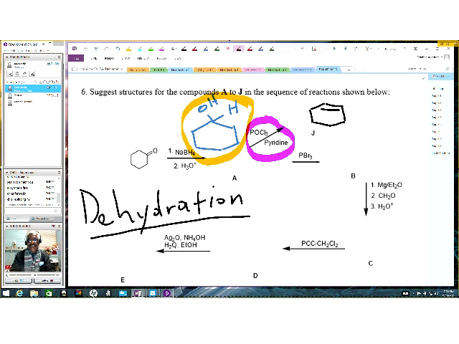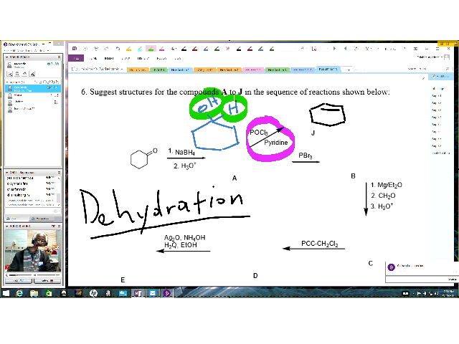Notice what happens here in dehydration. You are going to lose the hydroxide and a hydrogen, which constitute the water molecule. Sorry about that, not that hydrogen.